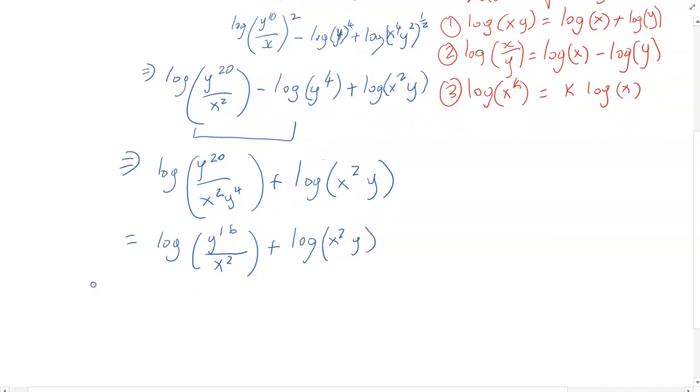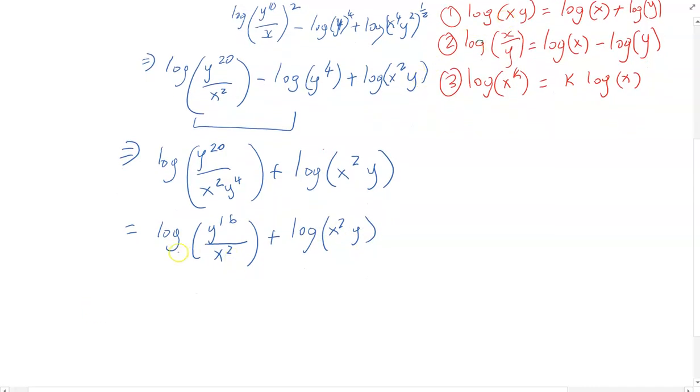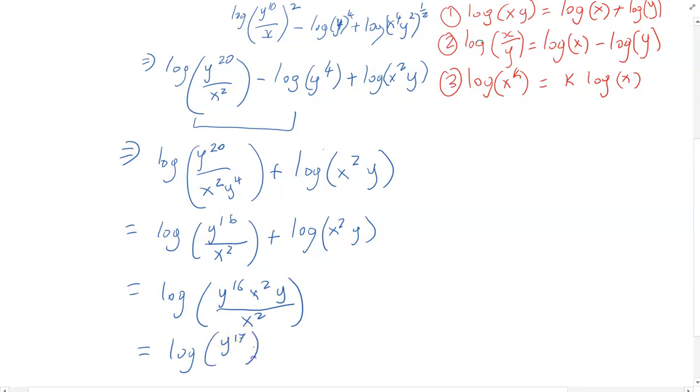And then applying the product property to this, bringing the logs together, this would be log of all of y to the 16th over x squared, times x squared y. And then this simplifies to give you log of y to the 17th. And that's your final answer.